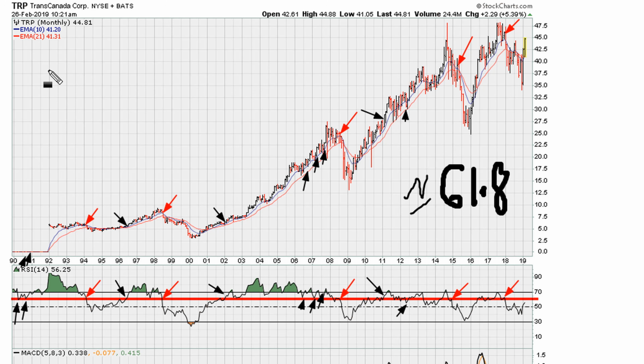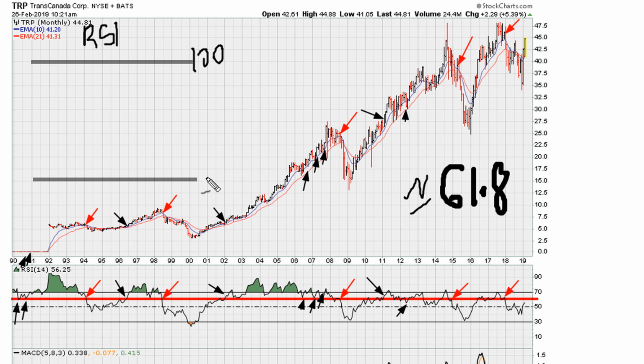By the way, here is a side note. If you take the RSI level of 100 and 0, of course, we are going to have RSI 50 somewhere here.